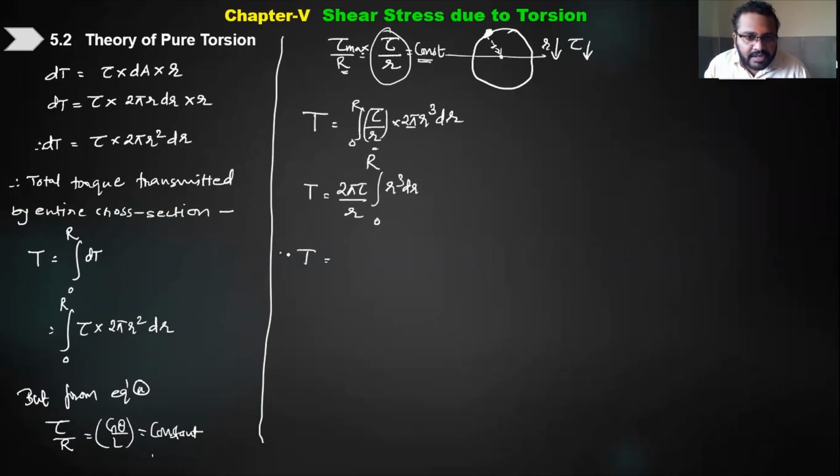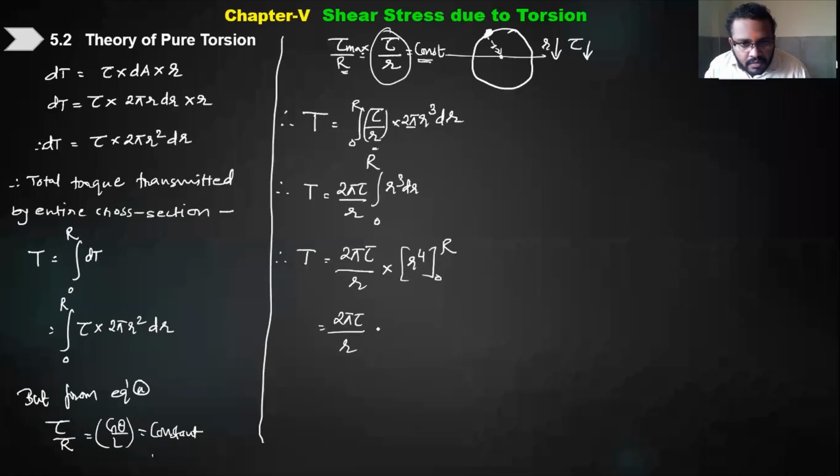So therefore what I am getting here is 2 pi tau by r into r raised to 4 by 4, from 0 to capital R. So 2 pi tau by r into R raised to 4 minus 0 raised to 4. 0 raised to 4 is 0.